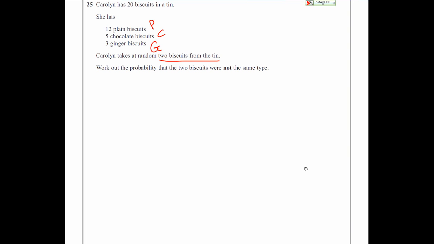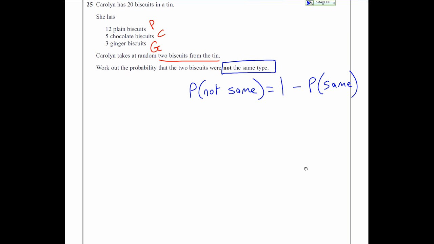Right, do I show you the way I would do it or the way that makes it a bit clearer? Okay, I'm going to show you the way literally that I would do it. The probability that they're not the same is 1 take away the probability that they are the same, because they're either the same or not the same, so those 2 probabilities add up to 1.